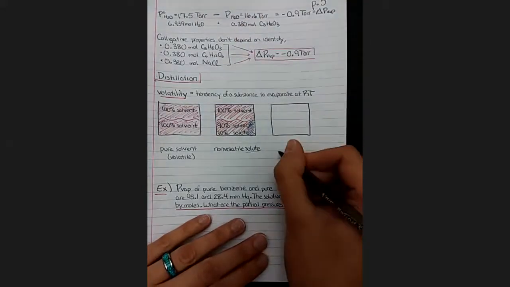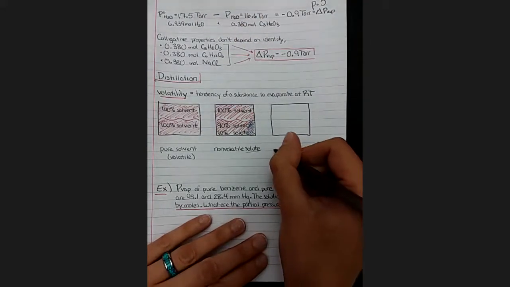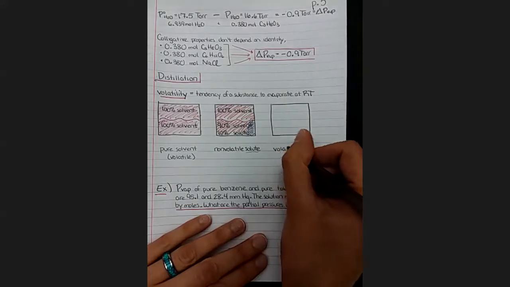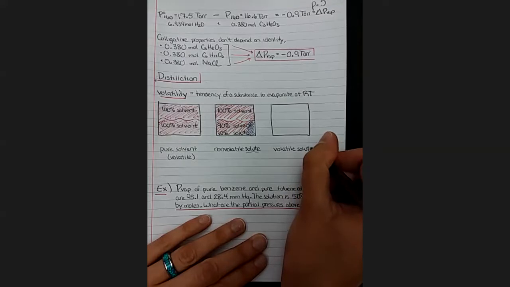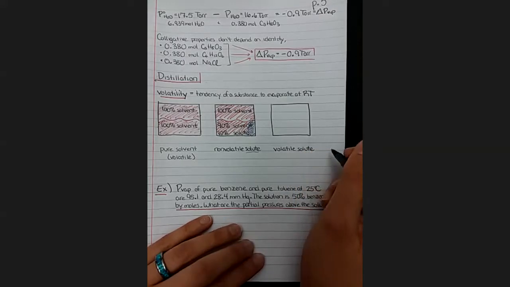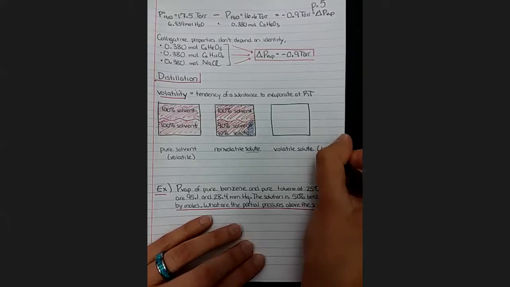Okay, so now let's go even a step further and let's use a volatile solute. And once you start to have two volatile compounds, solvent and solute aren't super helpful anymore as terms.